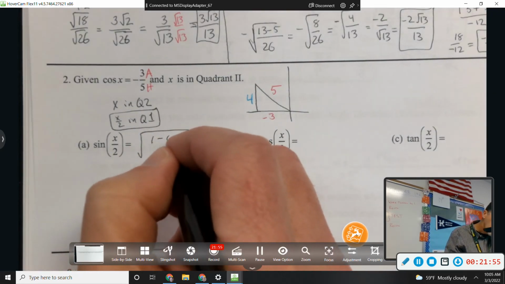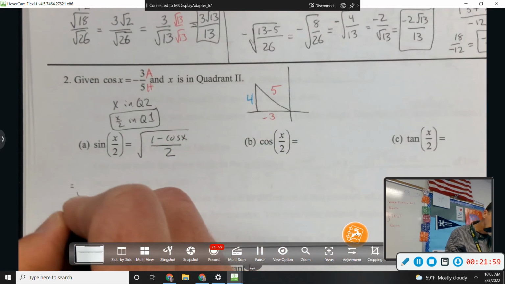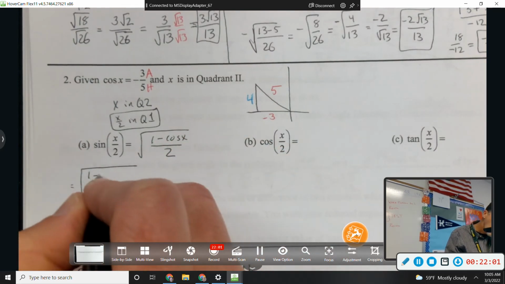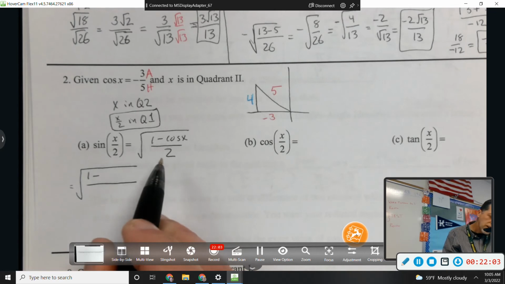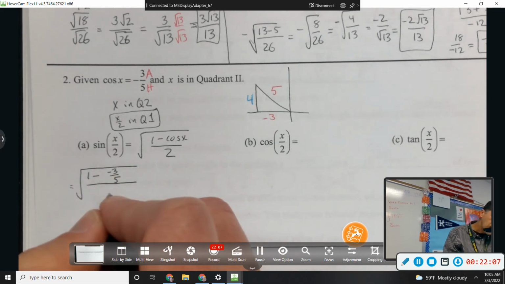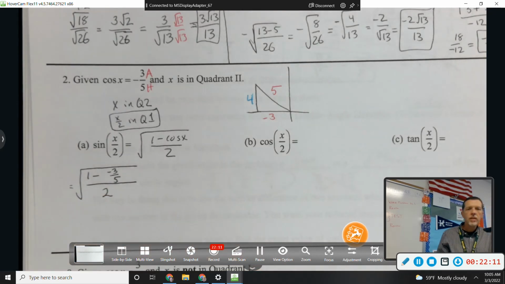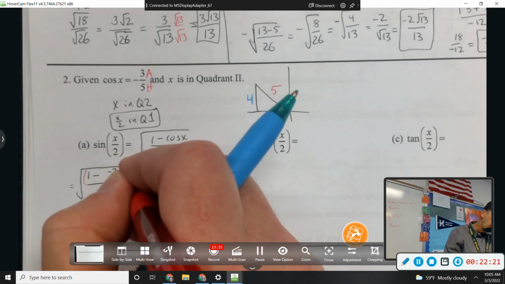Square root of 1 minus cosine x over 2. So 1 minus negative 3/5 over 2. Don't multiply by 2. Let's fix the 5s by multiplying by 5.